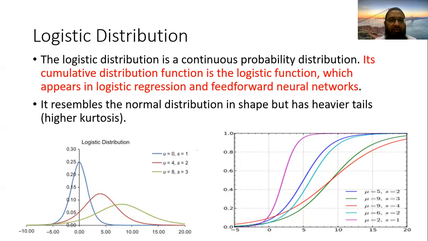Achha, what is this mu and s? Can anyone tell me this? Just make a guess. Mean and standard deviation. Are you sure? So why is it written here? Anyone, आप बताएं? We have three curves here, right? What does it mean?